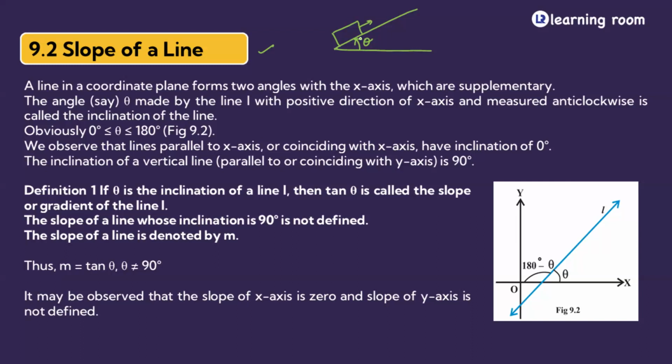But the question is, in which direction should you take that angle to be? In which direction are we supposed to consider? We should always consider only the anti-clockwise angle. Right? If you take the anti-clockwise angle and define that angle as theta, then tan of that anti-clockwise angle is what is called as slope of that line. What is it? Tan of the anti-clockwise angle is what is called as the slope of that particular line.